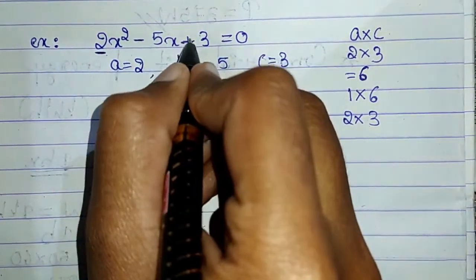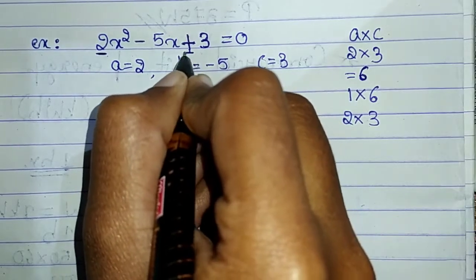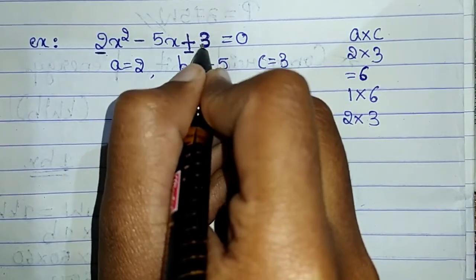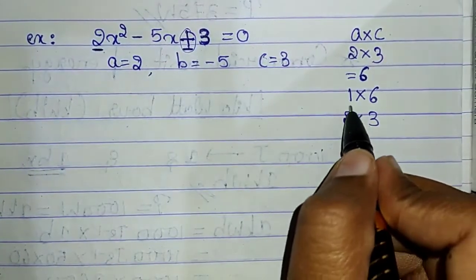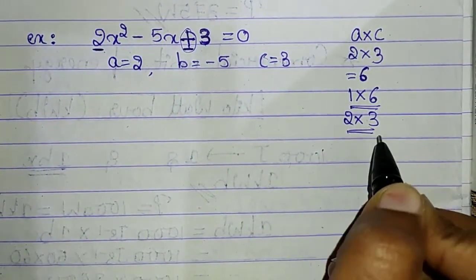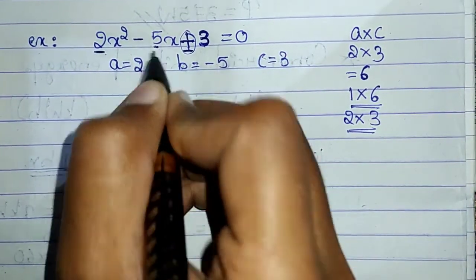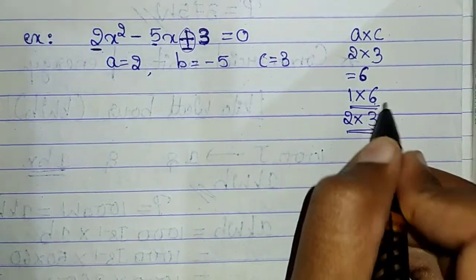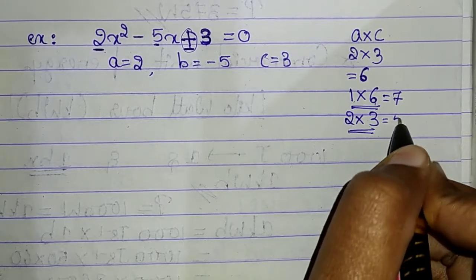Now if you notice, the sign before the constant term C, that is before 3, is plus. So which of these pairs of factors on adding will give you the middle term? 1 plus 6 will give you 7, 2 plus 3 will give you 5.